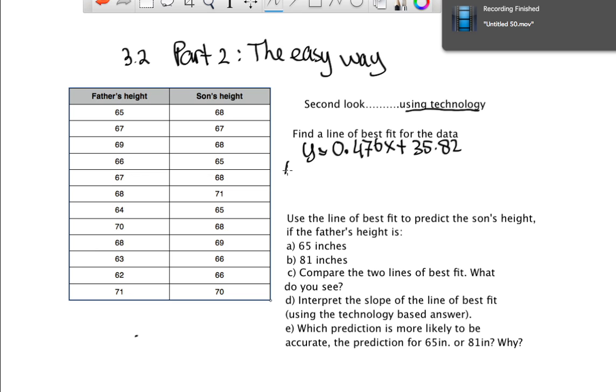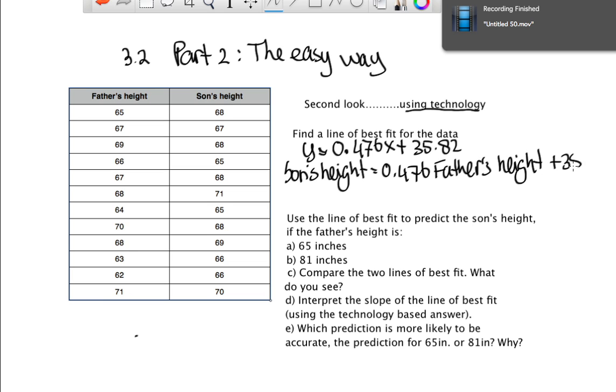The y is the son's height, and the x is the father's. Plus 35.82. Okay, does that make sense, by the way, 35.82? I mean, when you're born, you should have a height. So that makes sense to have a positive y-intercept.